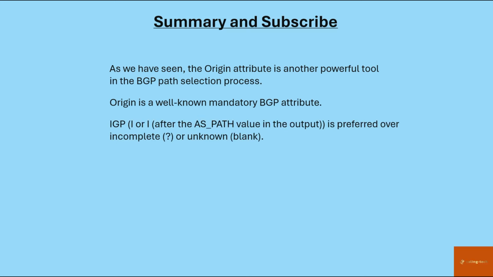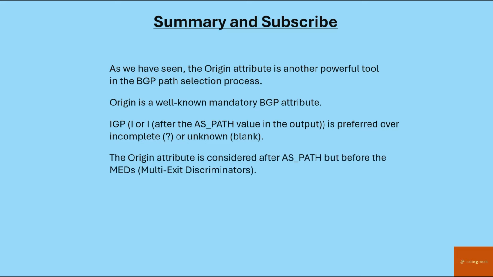IGP, lowercase i or uppercase I after the AS path value in the output, dependent on your Junos version, is always preferred over an incomplete, which is a question mark, or an unknown, which will show up as blank. The origin attribute is considered after AS path, but before the MEDs, which are the multi-exit discriminators.